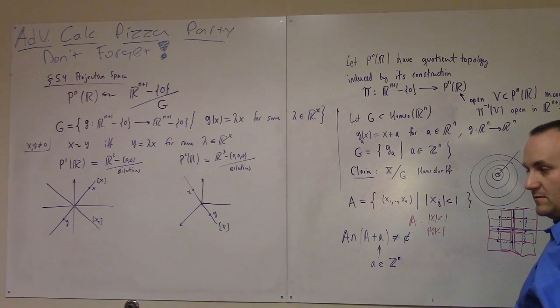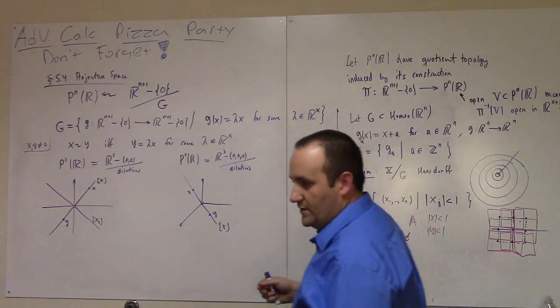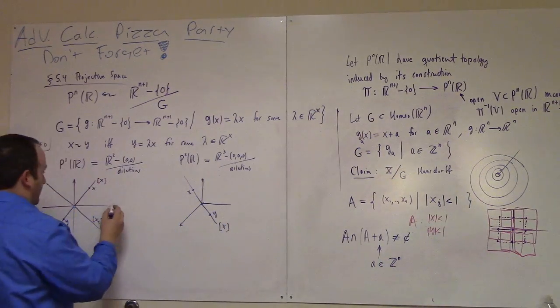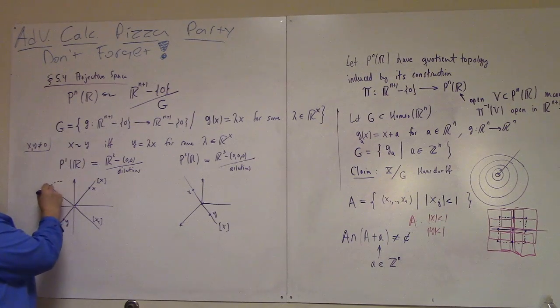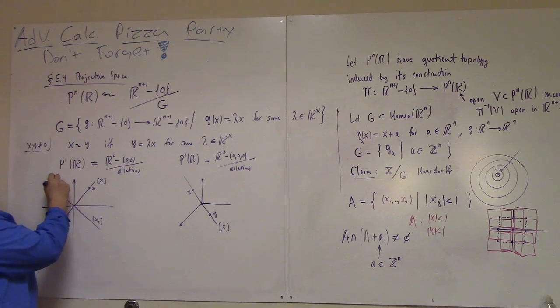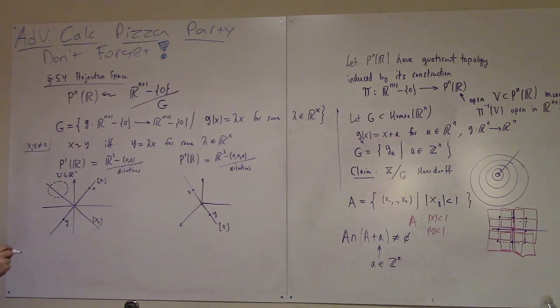So for example, what's open in R2? Maybe this thing, right? Here's an open set. And then if I look at the projection of that into projective one space, it's like a whole fan.